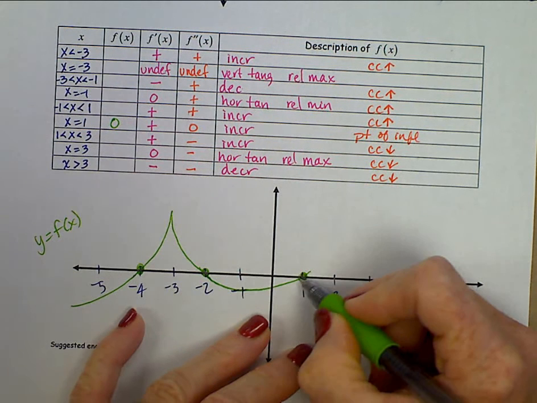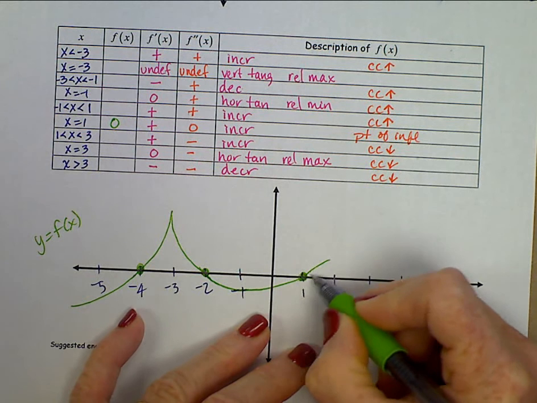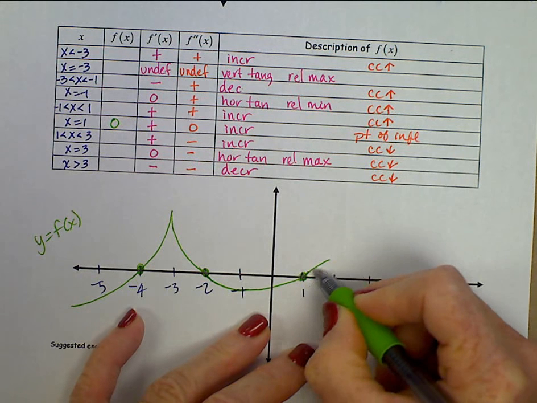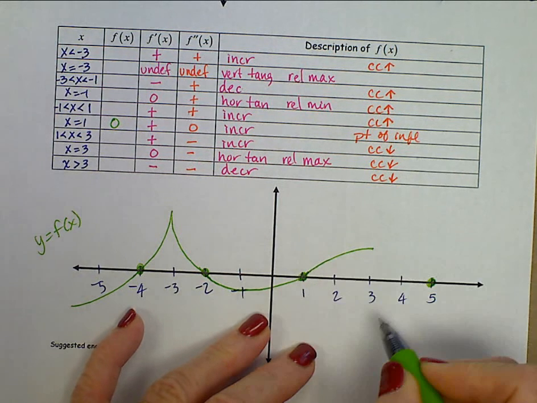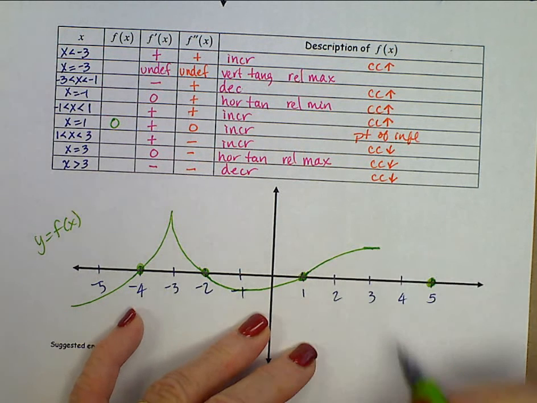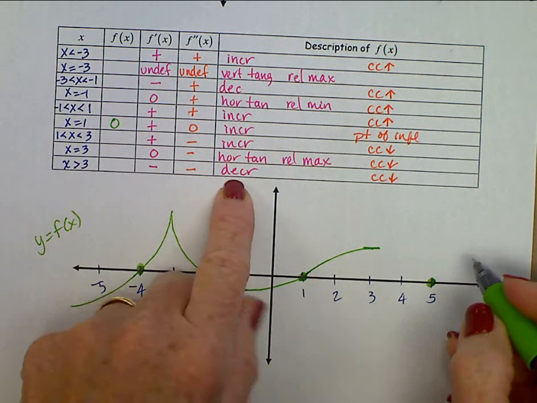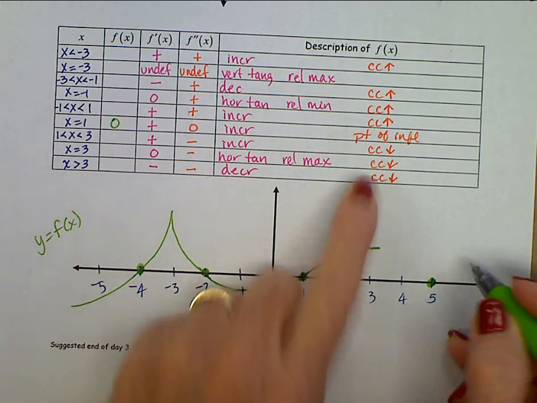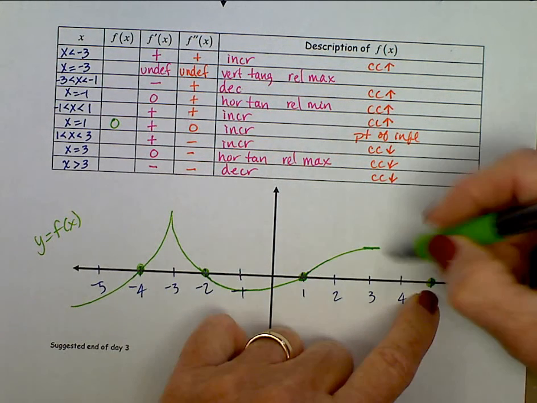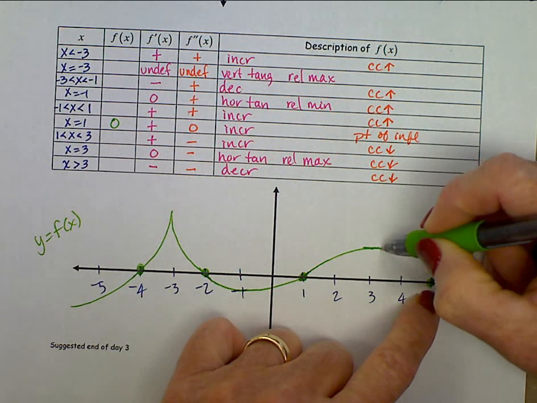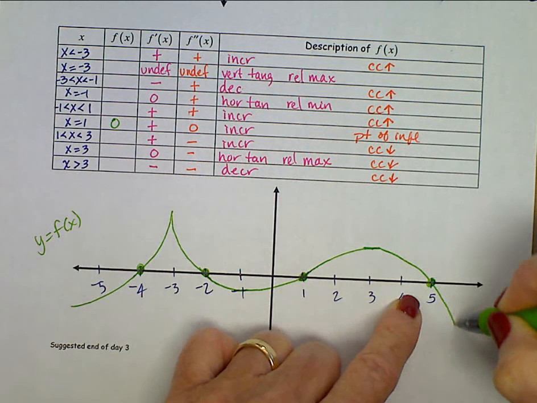So we kind of turned here, increasing concave down to a horizontal tangent at x is 3. And then beyond 3, decreasing concave down. Make sure you hit this 5, 0 over here.